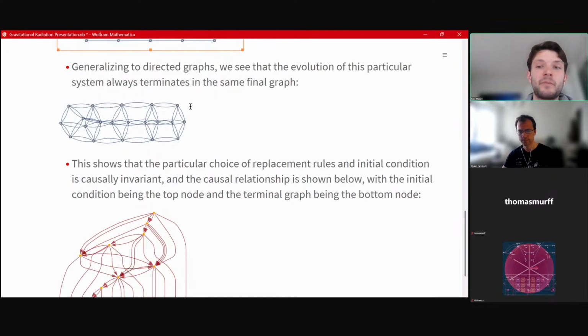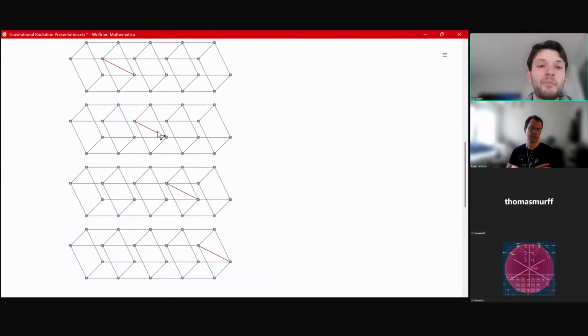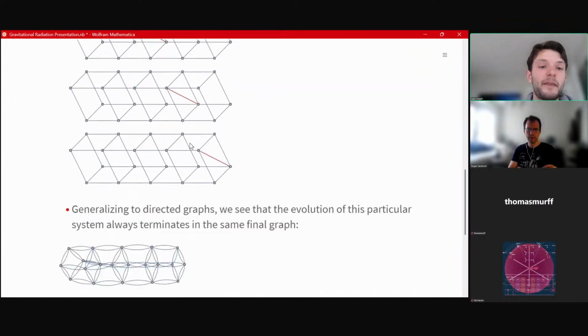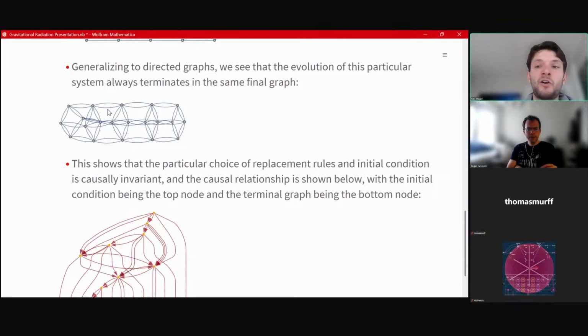And so you always arrive at this final graph, and this graph doesn't have any of the patterns given by this rule replacement here. So you can't evolve the system any further after this.